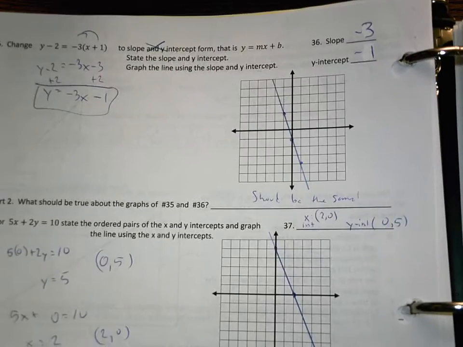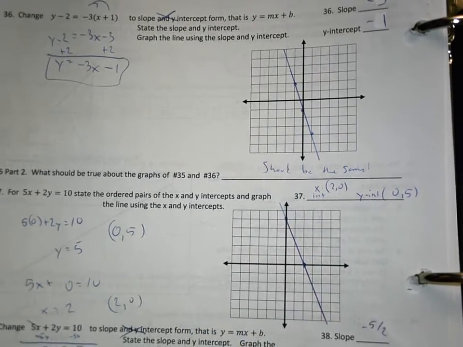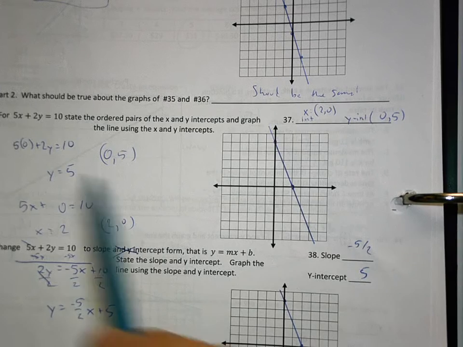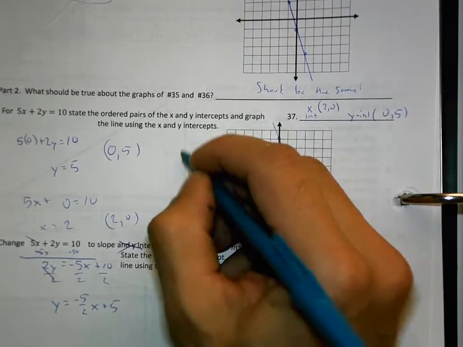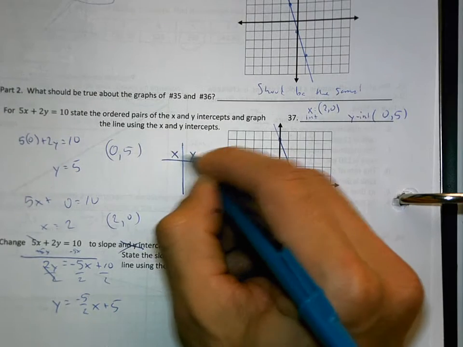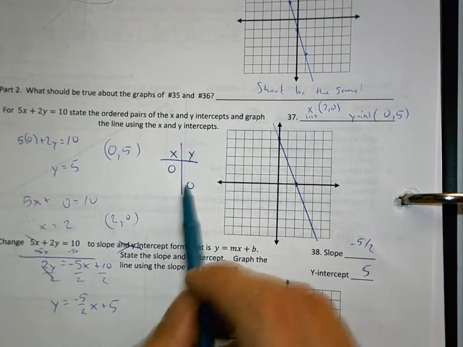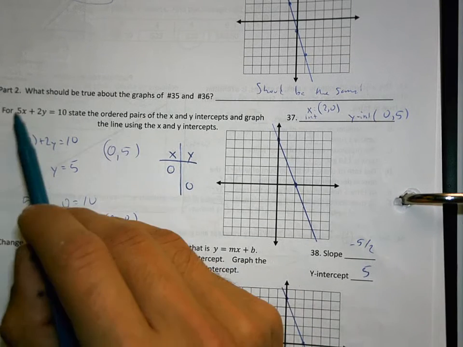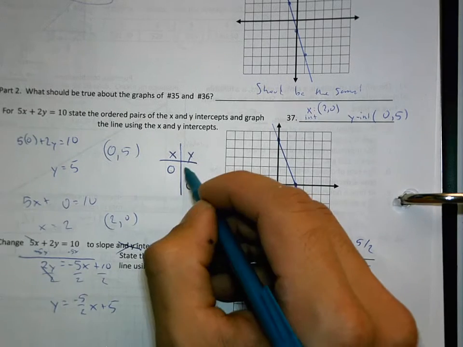You're supposed to realize that these two graphs should be the same on 35 and 36. And then intercepts for 37. The way that I taught how to do intercepts is that we had x's and y's, and we did things like this, where there was a 0 and a 0. You had to plug in a 0 for an x and figure out what was y when x was 0.